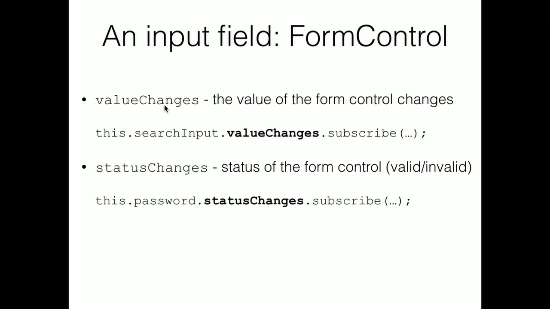So the form isn't valid. There's a property called statusChanges. And you can subscribe to it. What does it mean? It means whenever it changes, you're going to get a new item. Initially, it was invalid. Now it is valid. So you can catch all these moments, and you can react to it.